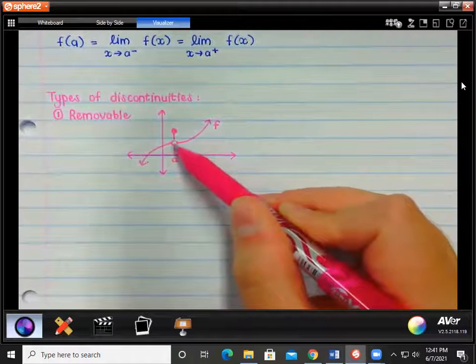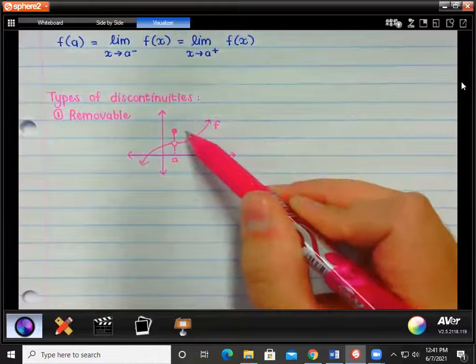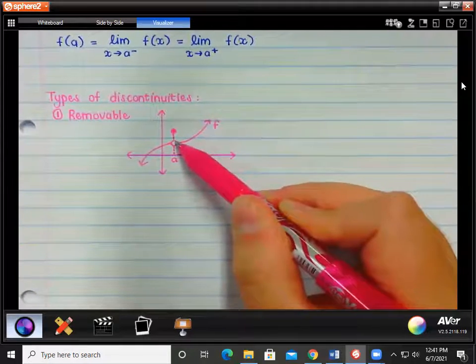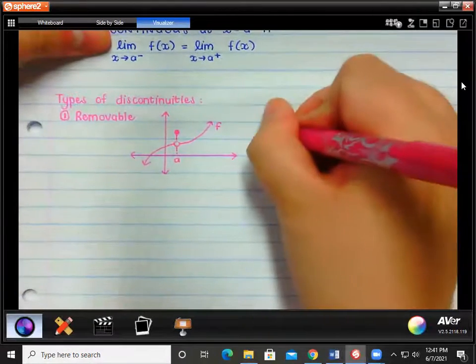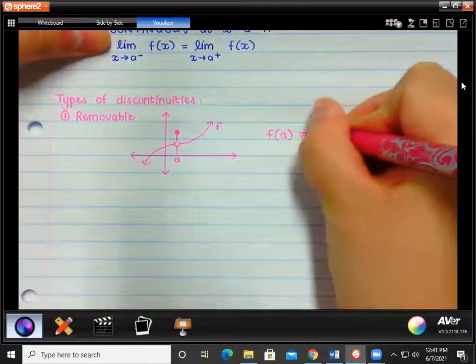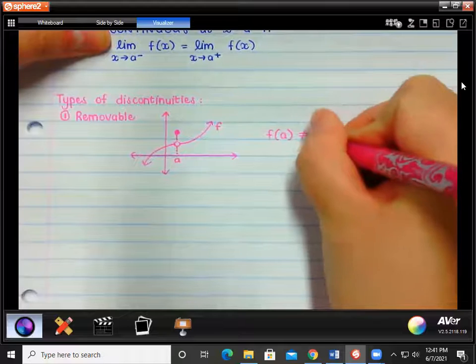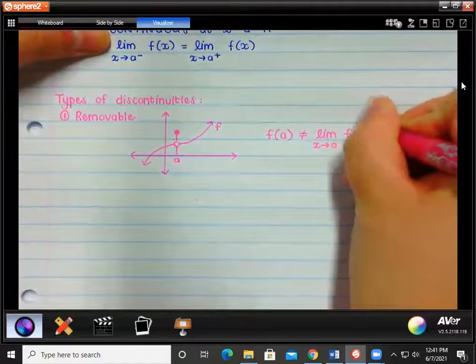But the actual function value, f of a, would not be equal to that y value that you have as your limit. So f of a would not be equal to the limit as x tends to a of f of x.